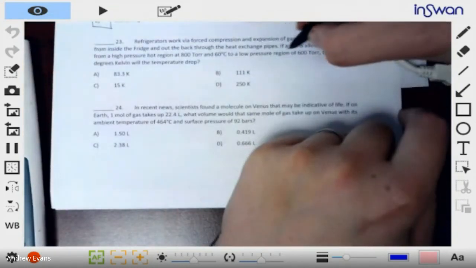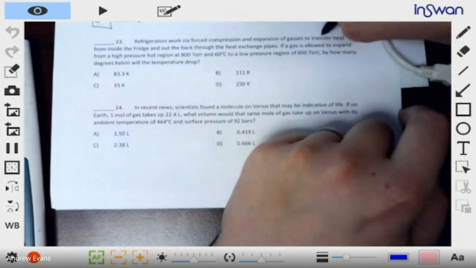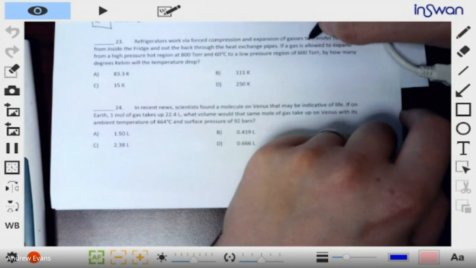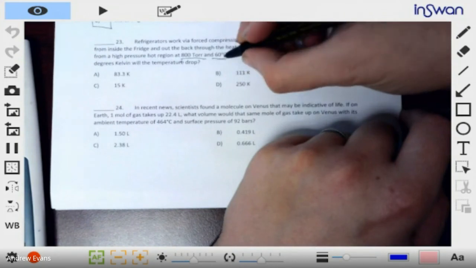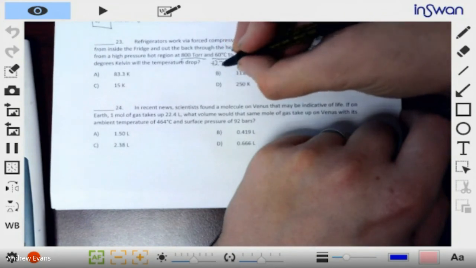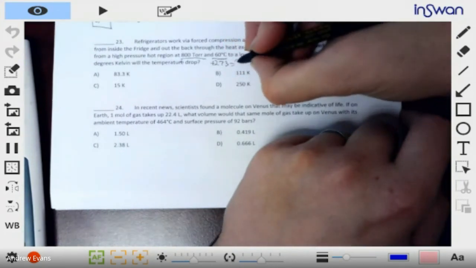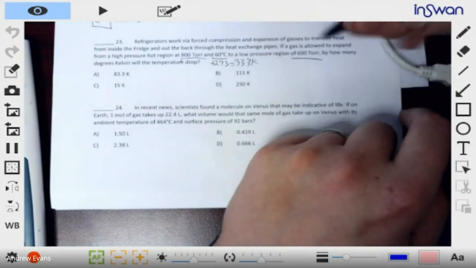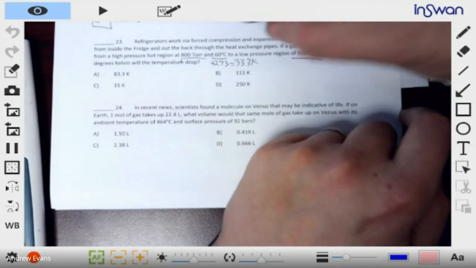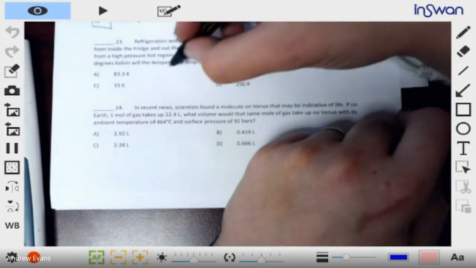Refrigerators work via forced compression and expansion of gases to transfer heat from inside the fridge out the back through a heat exchange pipe. Gas is allowed to expand from a high pressure region, 800 torr and 60 degrees C, 333 Kelvin, to a low pressure system of 600 torr. How many degrees Kelvin will the temperature drop?